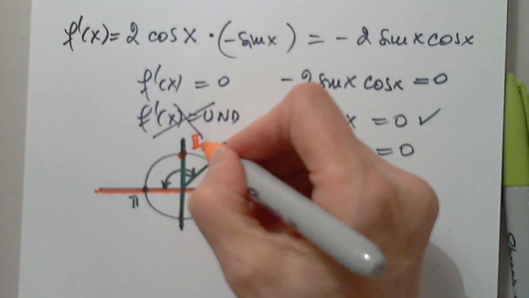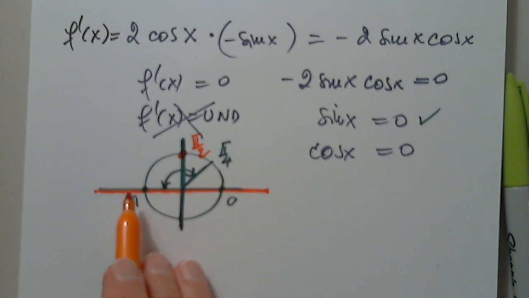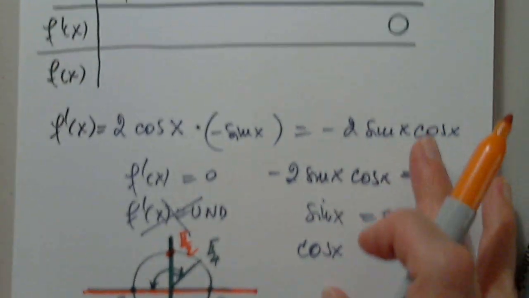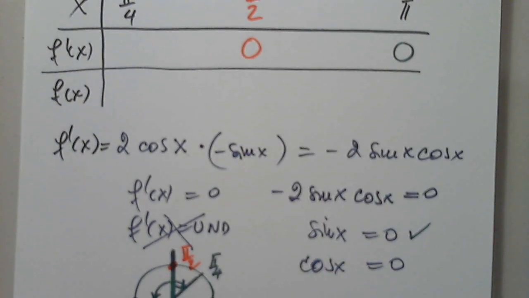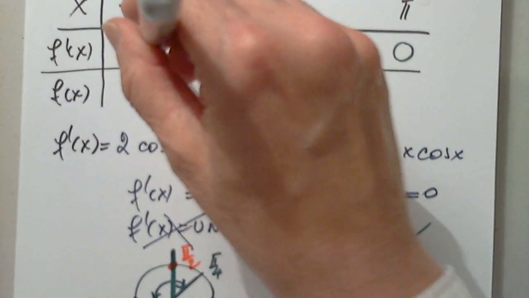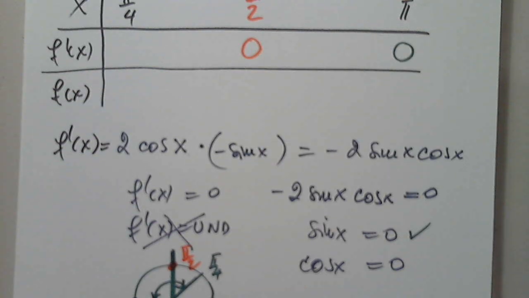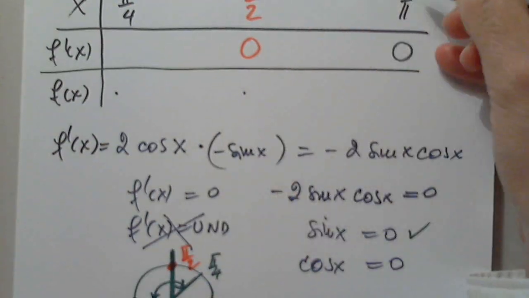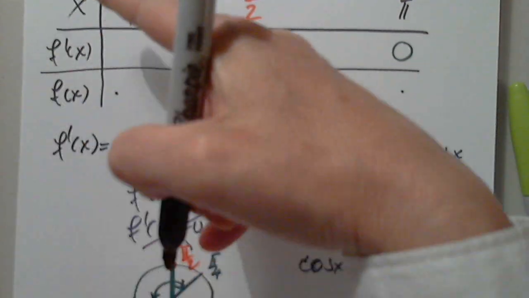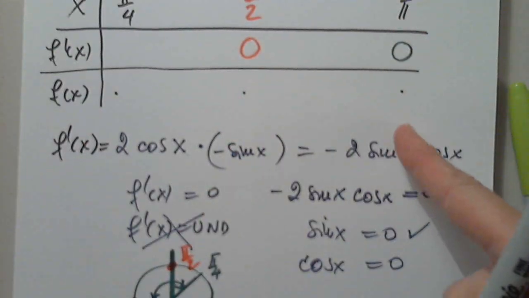Yes, exactly. Since we only have between pi over 4 and pi, I can only put in pi over 2. Perfect. Awesome. Now we have to study the sign of the derivative. And of course, we have to plug this and this and this in the function to determine the actual point.